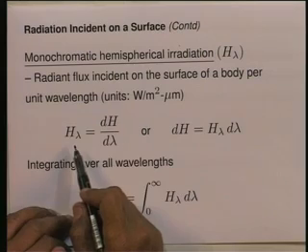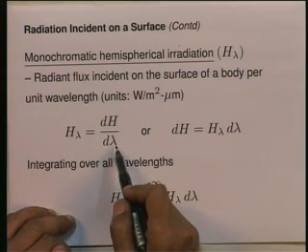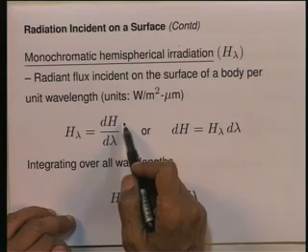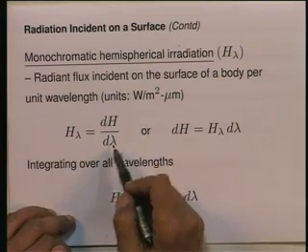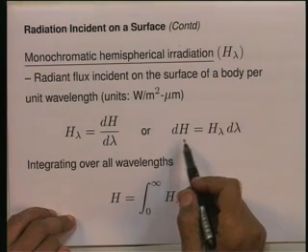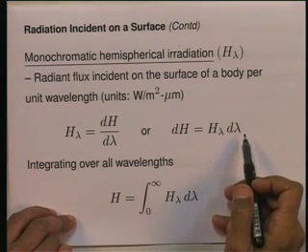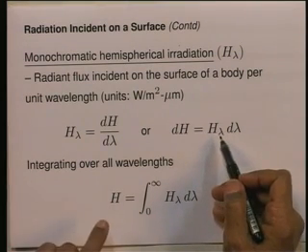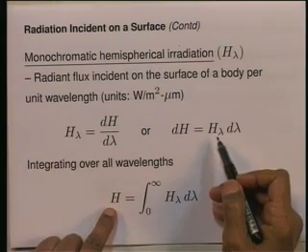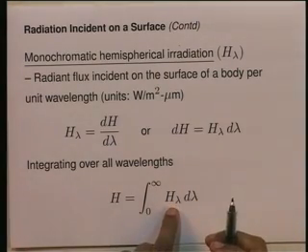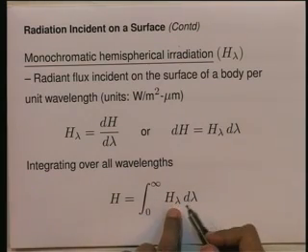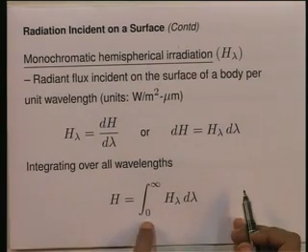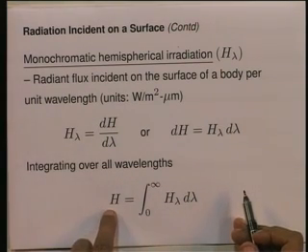So, H_lambda is nothing but dH/d lambda, the watts per square meter per unit wavelength, or we can say dH is nothing but H_lambda d lambda. If I integrate H_lambda over all wavelengths, then I have got to get the quantity H. So, another way of defining H_lambda is to say it is that quantity which, when integrated over all wavelengths 0 to infinity, will give me the total hemispherical irradiation on the surface.